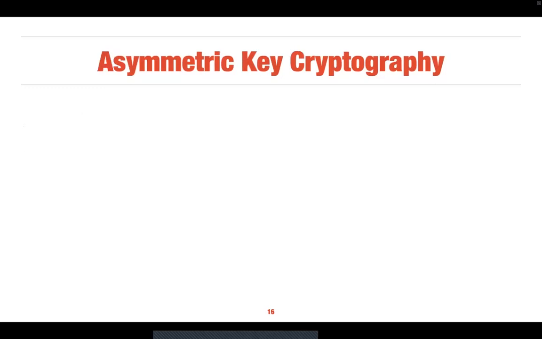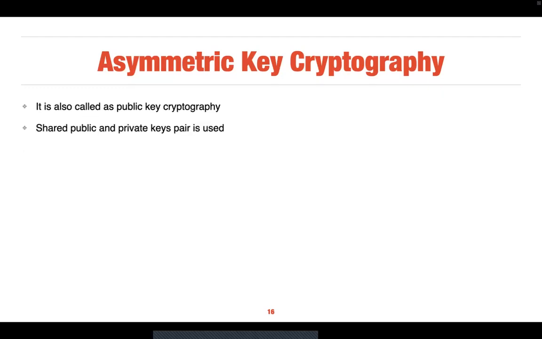Next is asymmetric key cryptography, also called public key cryptography. Public key cryptography means there is one public key which can be shared with anyone, not only that client, any other can be a client. Multiple computers can have the public key, but a public and private key pair is used.